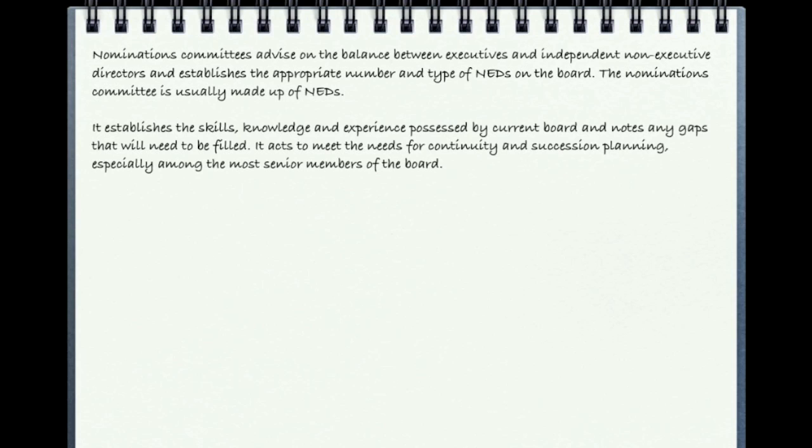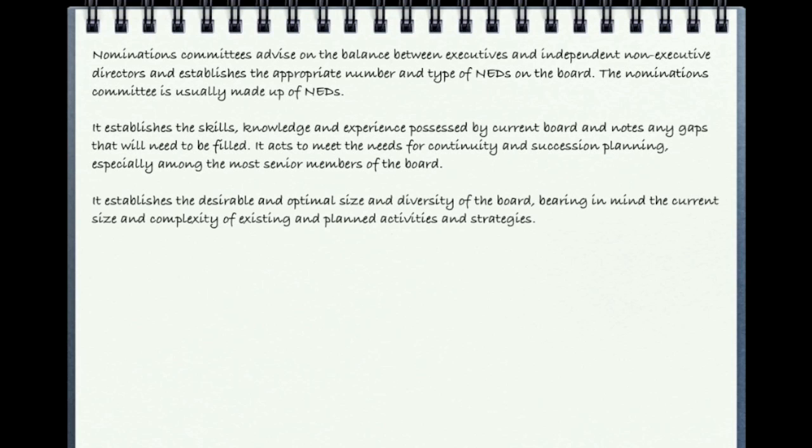So it'll establish the skills, knowledge and experience both possessed by the current board and will note any gaps that will need to be filled. So it'll act to meet the needs for continuity and succession planning, especially amongst the most senior members of the board. So we'll think about how we're going to replace those members should they retire, perhaps by rotation.